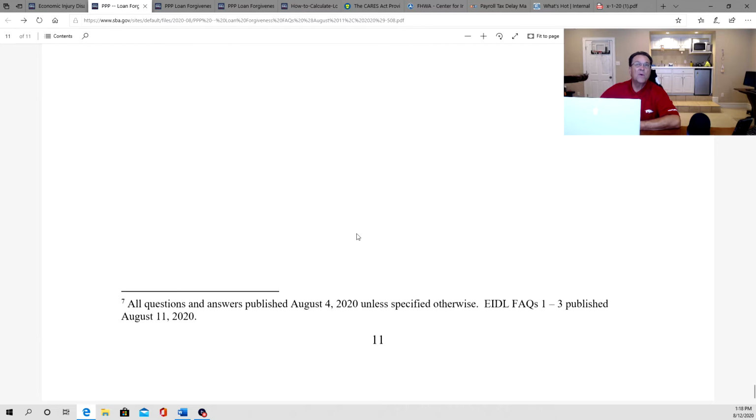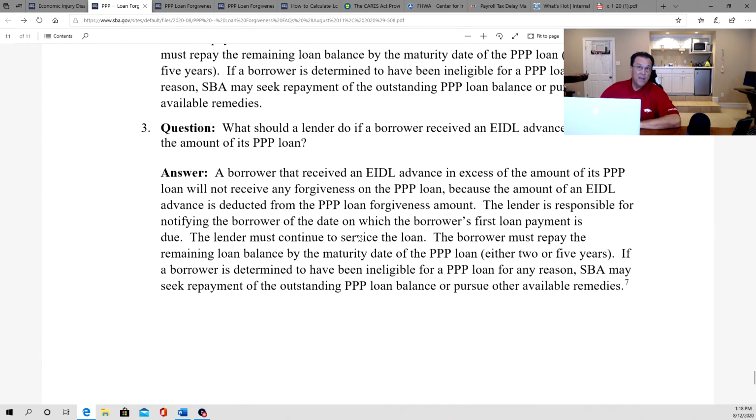Just something there were many of, and this will come into play later on, not in the second stimulus that came out, the second program, the second period for the CARES Act. When you have an amount which was smaller, maybe for a self-employed Schedule C, but they failed to let the bank know about their original EIDL, or possibly applied for a PPP and never even received an EIDL. There's a timing difference there. This must have happened. That's why these clarifications are coming up.